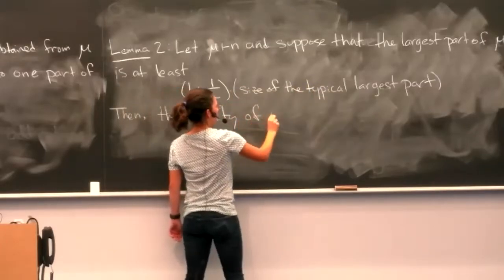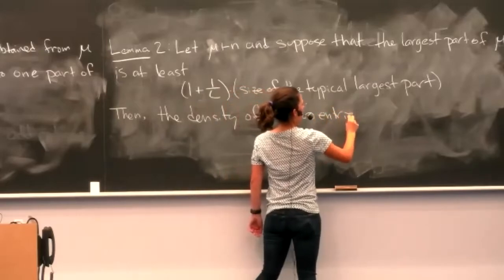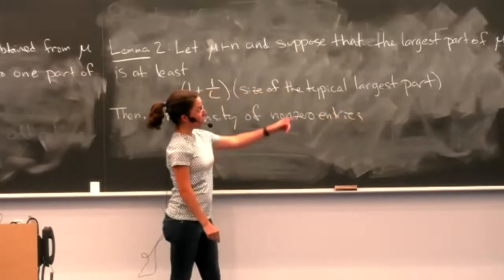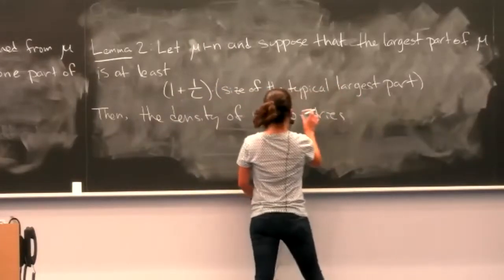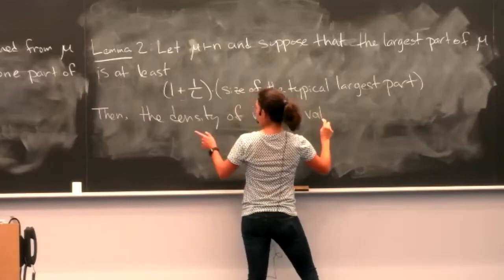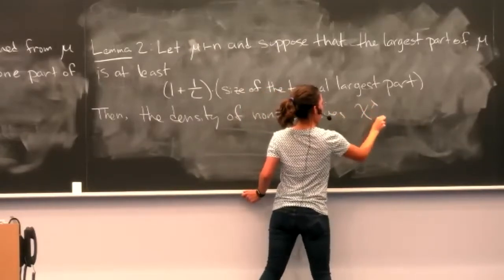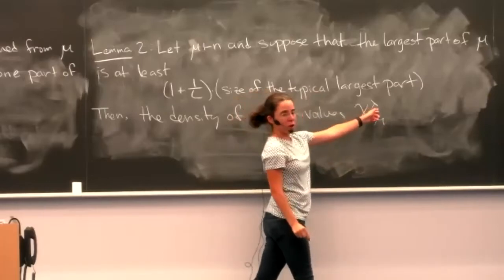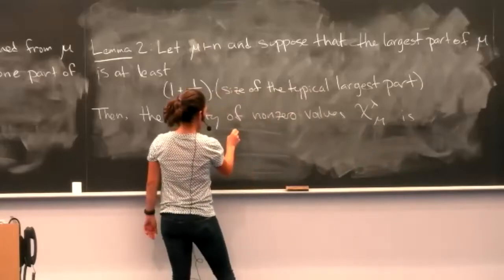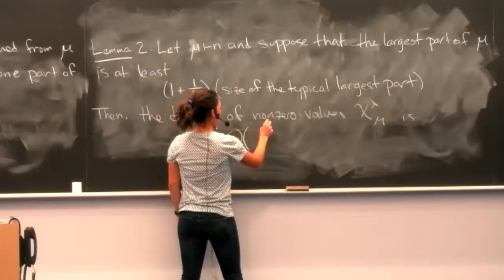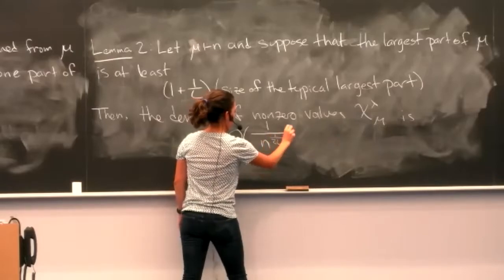then the density of non-zero entries in the column of the character table corresponding to mu, that is, the density of non-zero values of chi lambda mu as lambda ranges over all partitions of n, is at most 1 over n to the 1 over 2L.